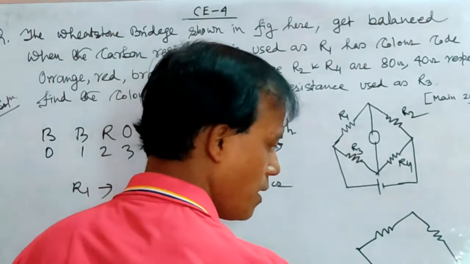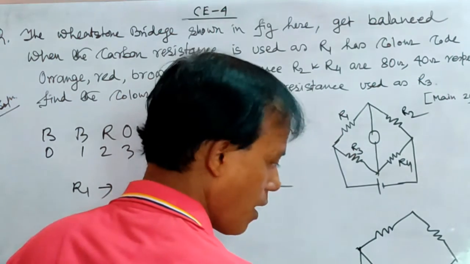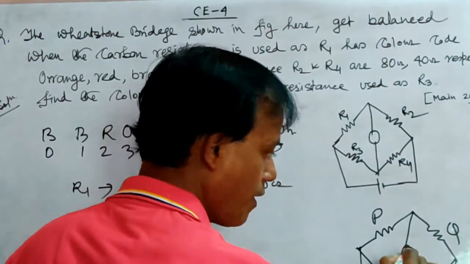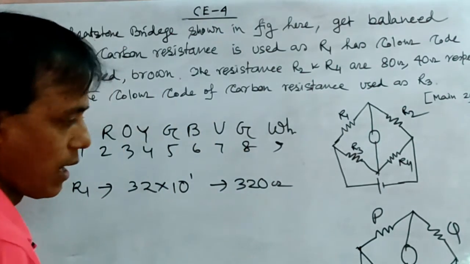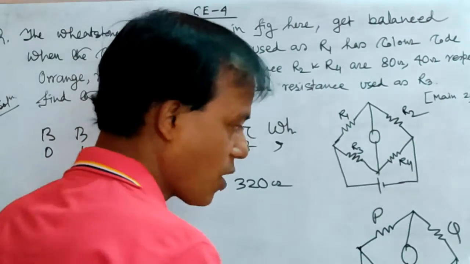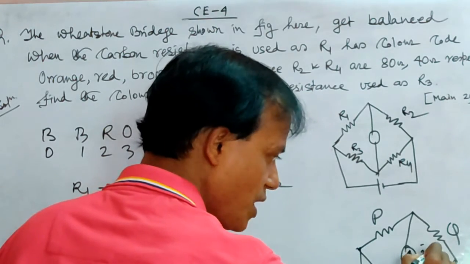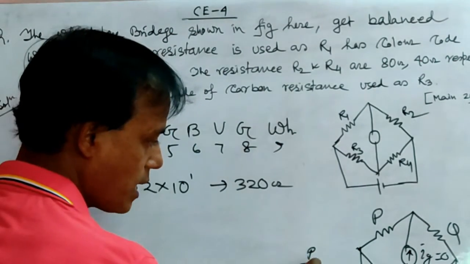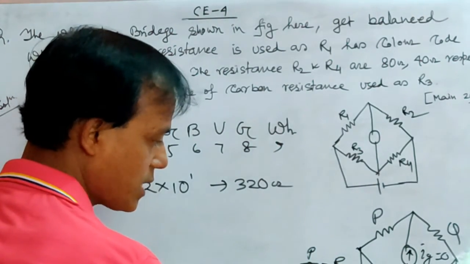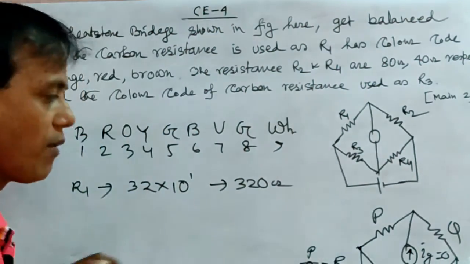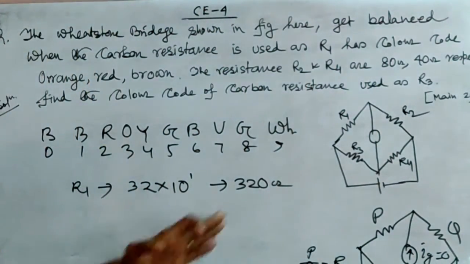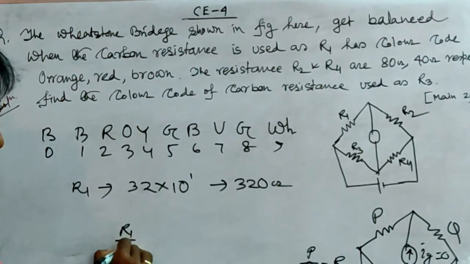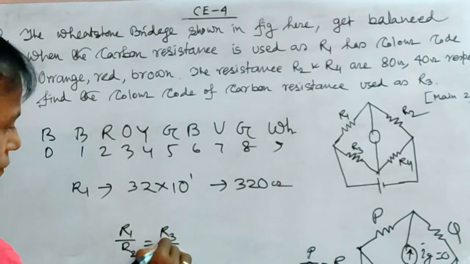If P, Q, R, S are the four resistances, then the null point condition is Ig equal to 0, galvanometer current equal to 0, then P by Q is equal to R by S. So if the bridge is balanced, then R1 by R2 is equal to R3 by R4.